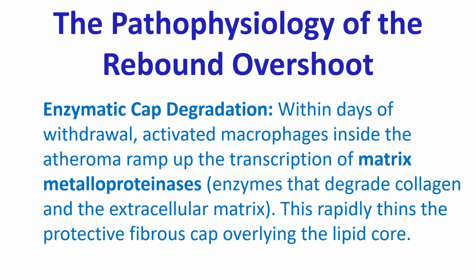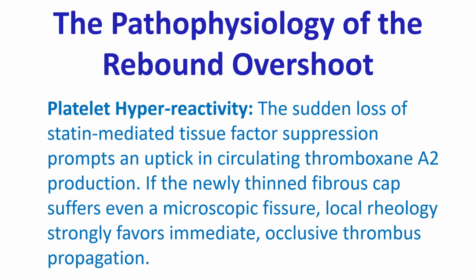Within days of withdrawal, activated macrophages inside the atheroma ramp up the transcription of matrix metalloproteinases, enzymes that degrade collagen and extracellular matrix. This rapidly thins the protective fibrous cap overlying the lipid core.